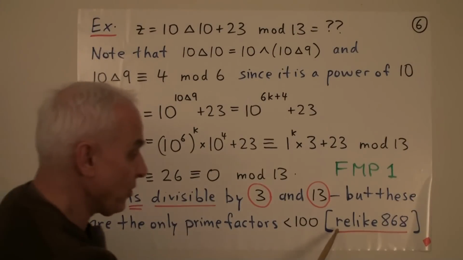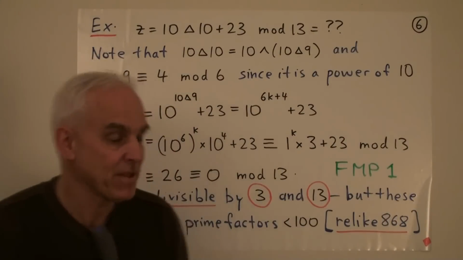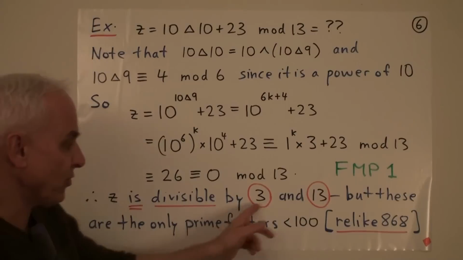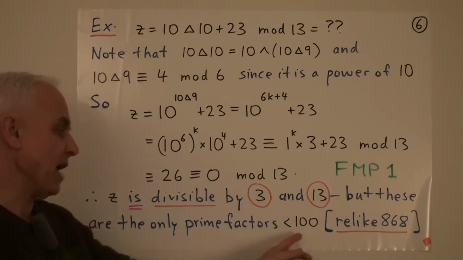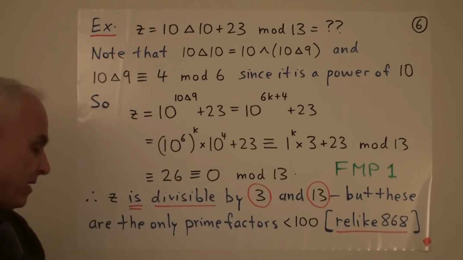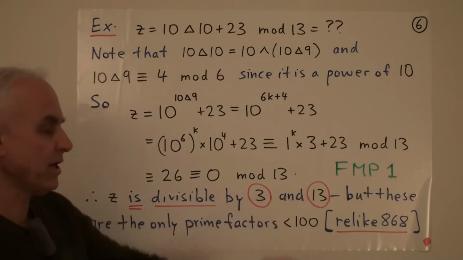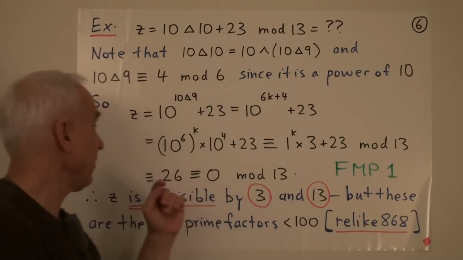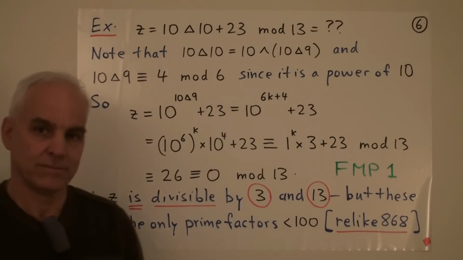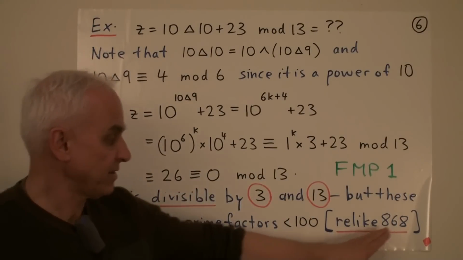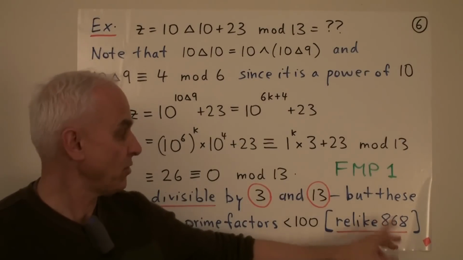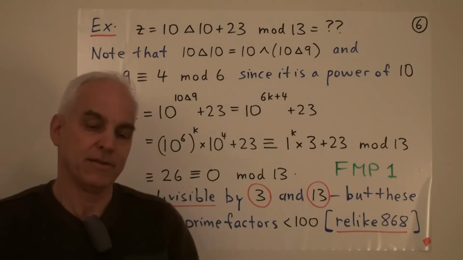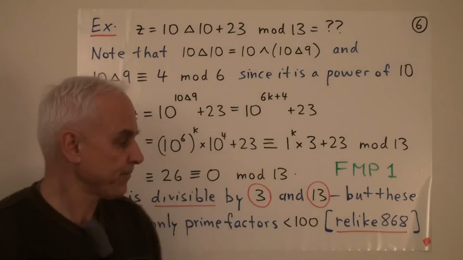In particular, one viewer, Relike868, made a very nice calculation, and in fact went through the other primes less than 100, and figured out, just by computing, that these are the only two primes less than 100 which divide Z. If you'd like to see that computation, he's actually written it up, so if you go to Famous Math Problems 1, you can find the link, but I will also put a link in the description of this video.